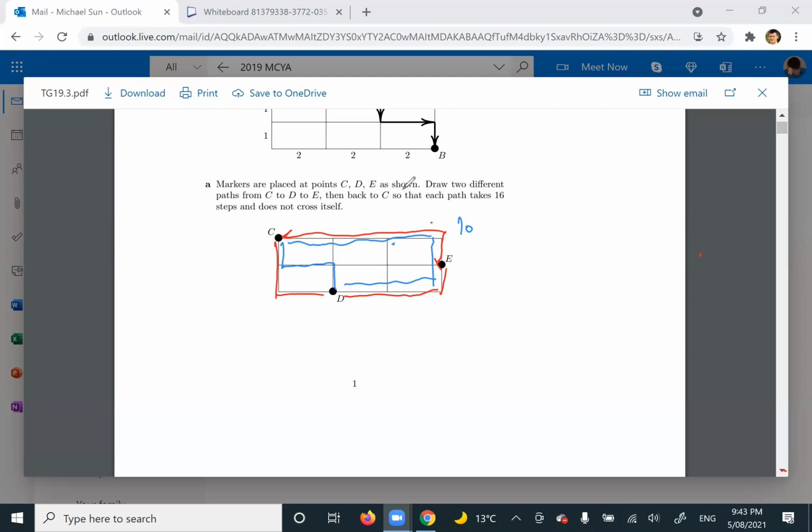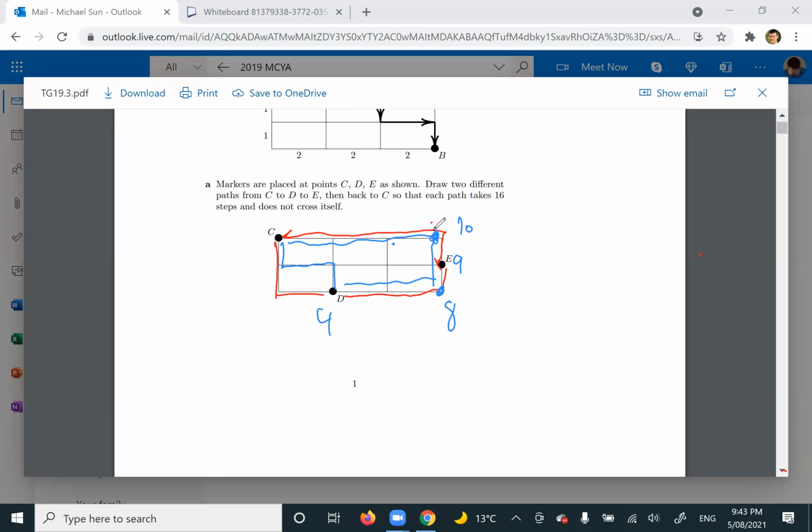So this is 1 and then 2 and then 1 and that equals 4. And then 2 plus 2 equals 4 and then 4 plus 4 equals 8. And then you go up here by 1 and that equals 9. And another one, 10.